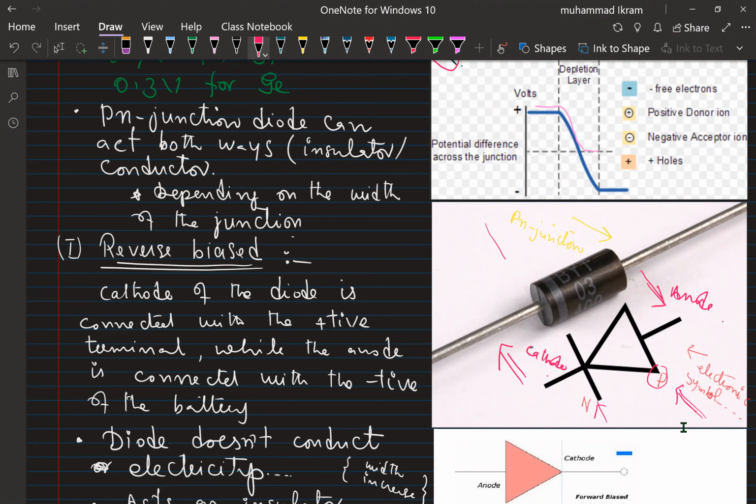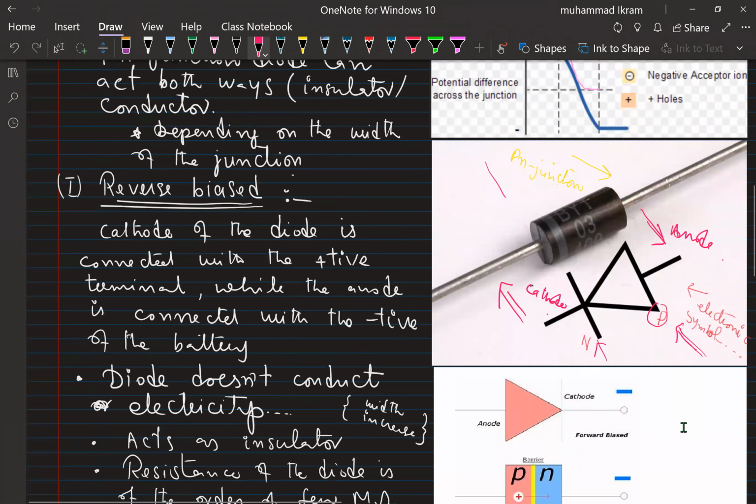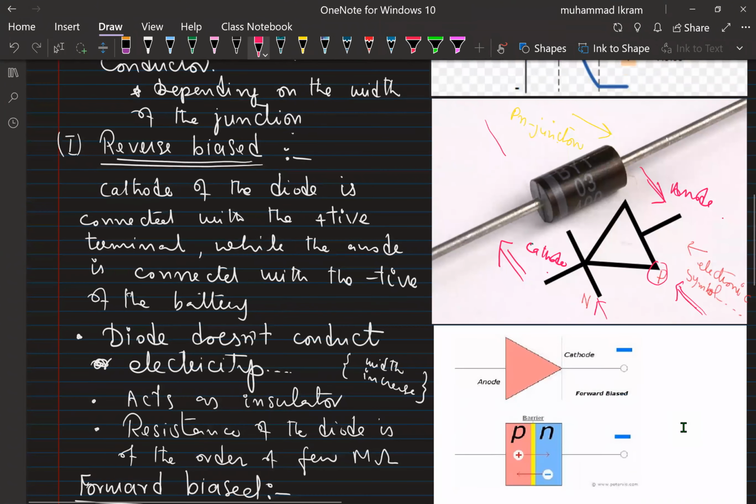Now, in the reverse biased condition, what happens?